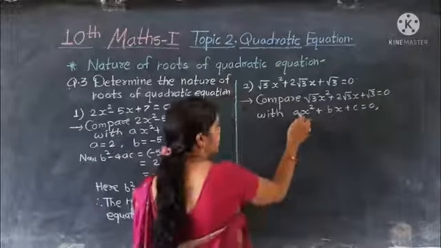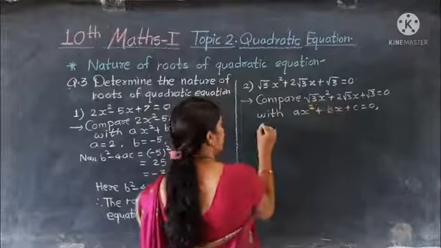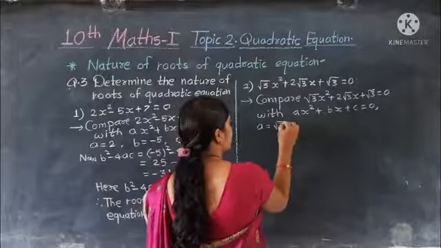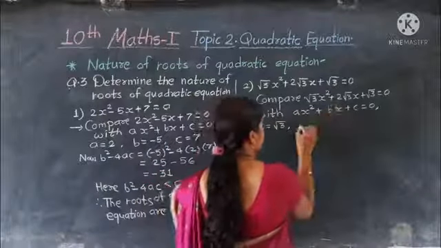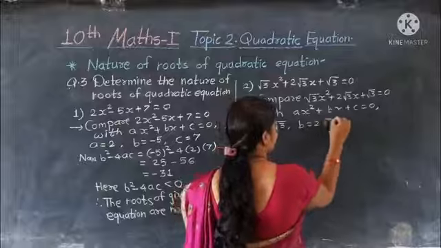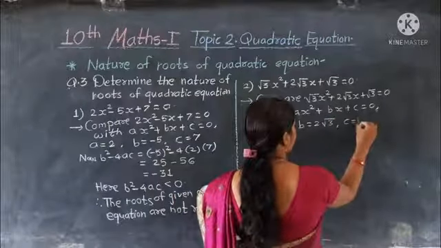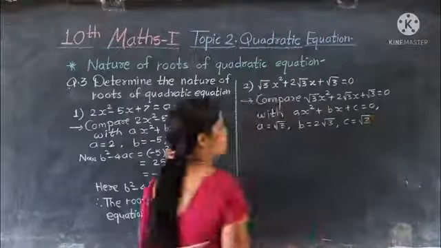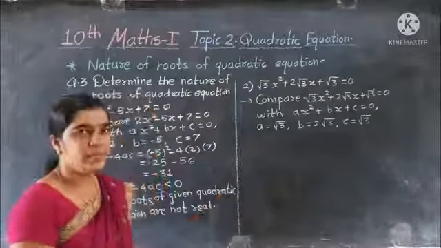We get a is equal to root 3, b is equal to 2 root 3, c is equal to root 3. We get values of a, b, c.